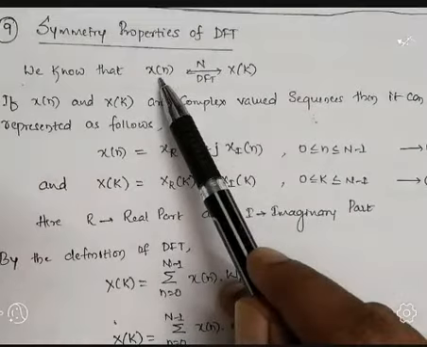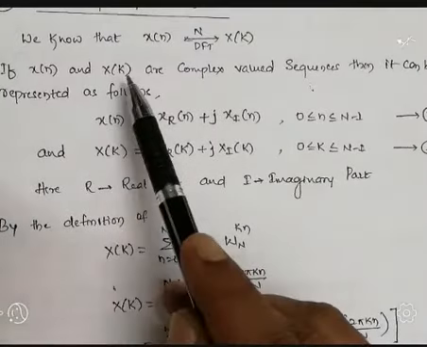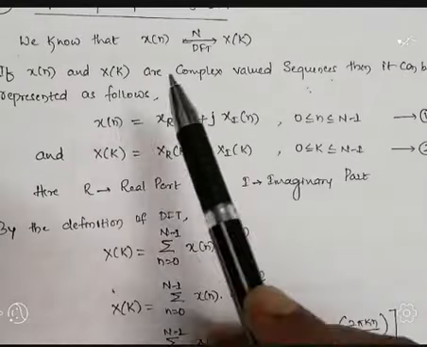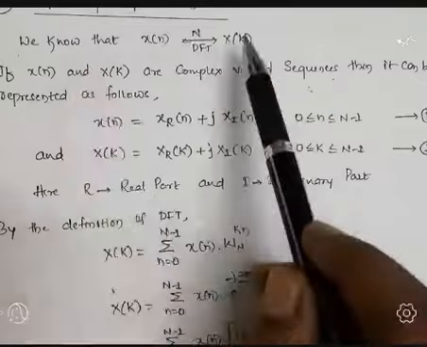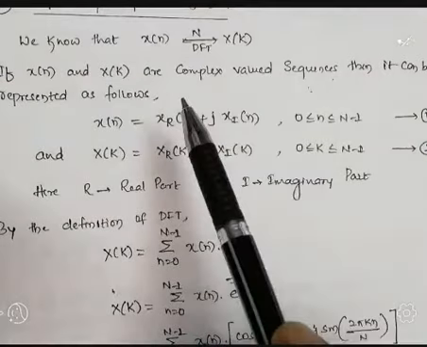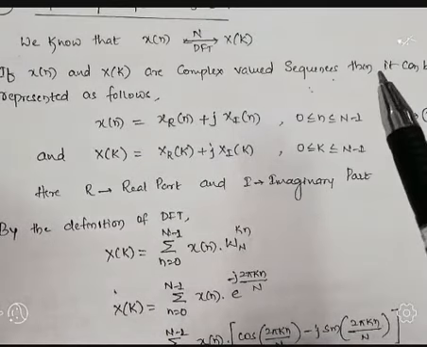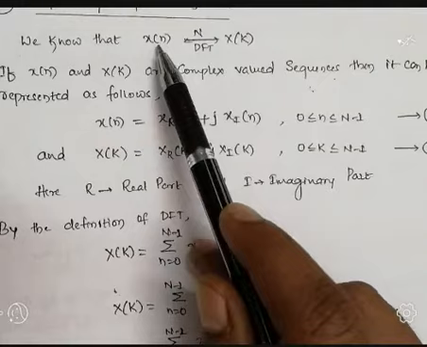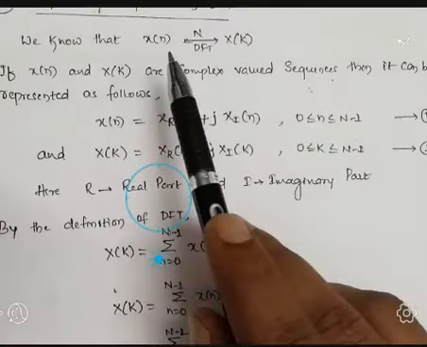Now, x of n and x of k are assumed to be complex valued sequences. Of course x of k is a complex sequence, because in it e to the power minus j 2 pi by N kn is there, so it is a complex term. But what happens if the given discrete time sequence x of n is also a complex sequence?